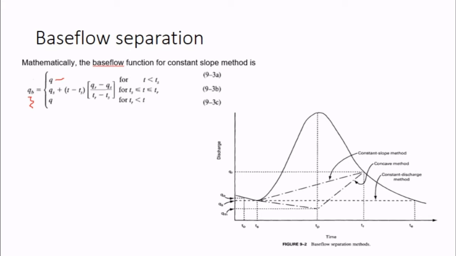Gagamitin mo tong function na to. Okay, and then from T sub R, mula dito hanggang doon, yung Q sub B mo is equal to Q o yung nandito mismo, yung coordinates mismo dito. Ibig sabihin, ito ang base flow discharge mo.